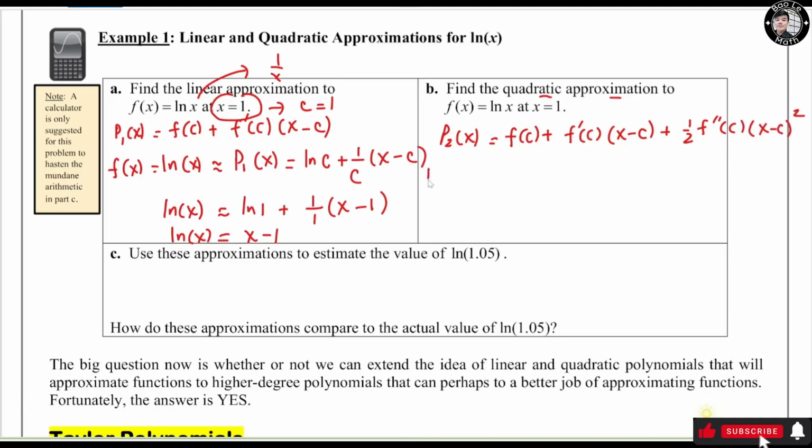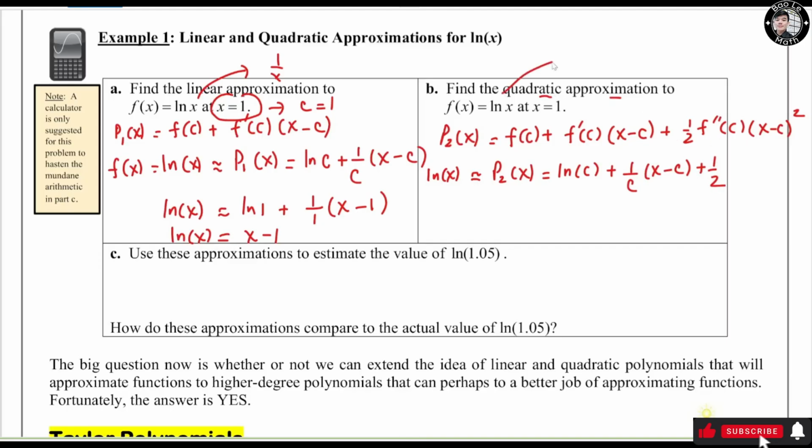We have ln of x is the same thing as P2 of x, and it's going to be f of c, which means ln of c, plus 1 over c times (x minus c), plus 1/2 f double prime.